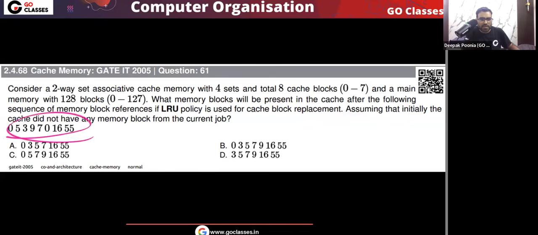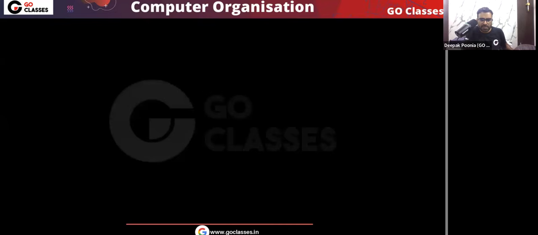This main memory block number sequence is given to us in a set associative cache with LRU replacement policy. So let's solve it. Let me write this block number sequence.